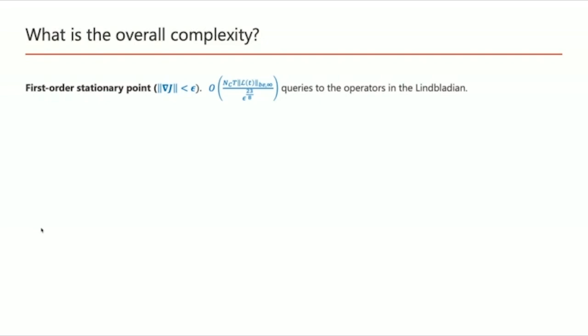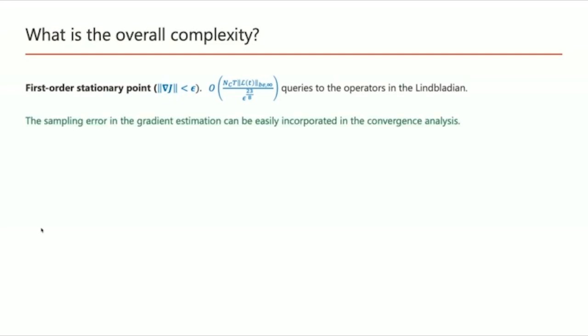The NC here, I forgot to mention what it is at the beginning. This NC is the number of control variables, so the number of U or the number of mu's. T is the time duration, and L is the norm of the Lindbladian. And the dependence on epsilon is a bit less than epsilon cubed.